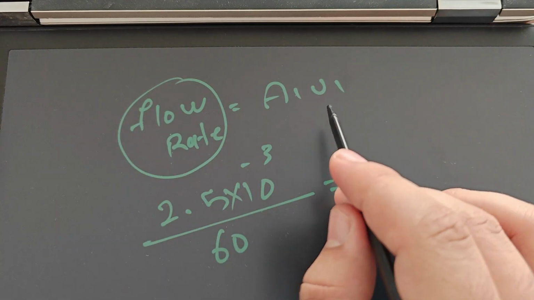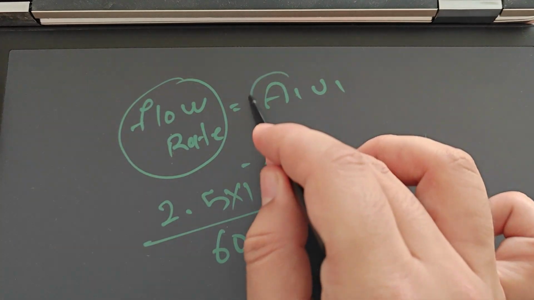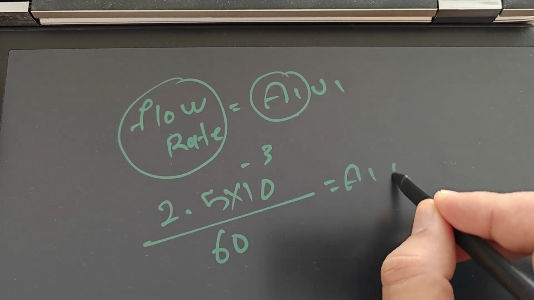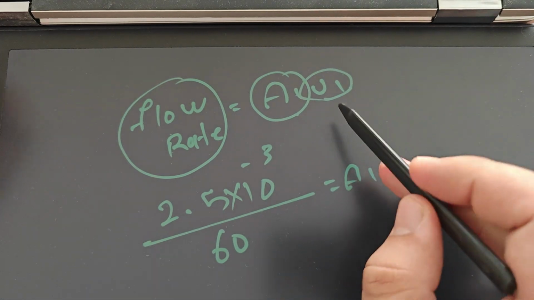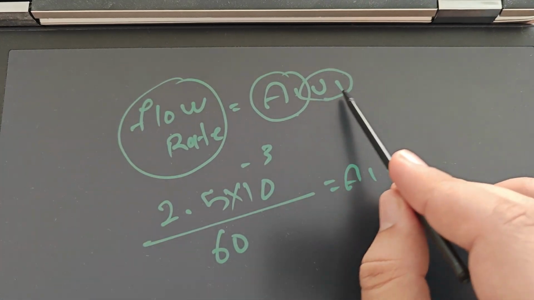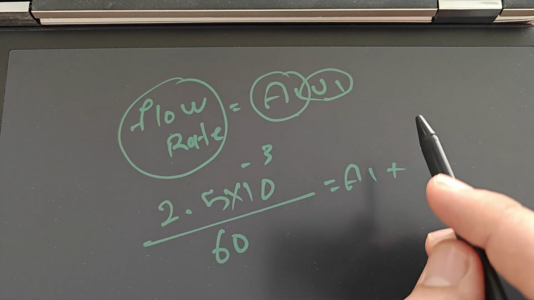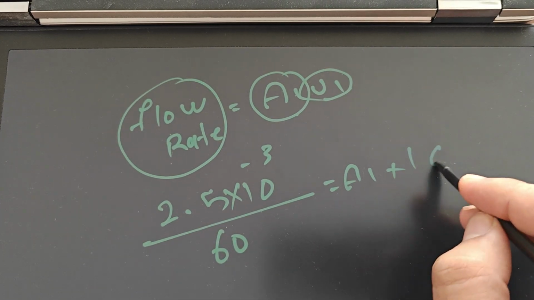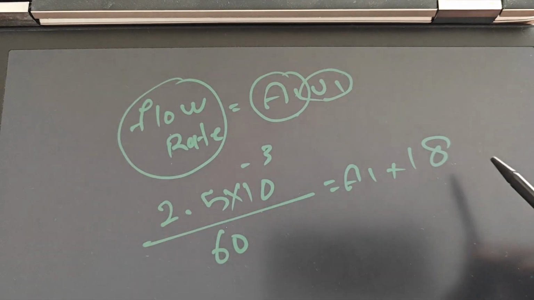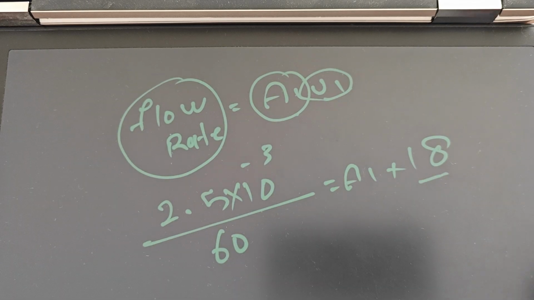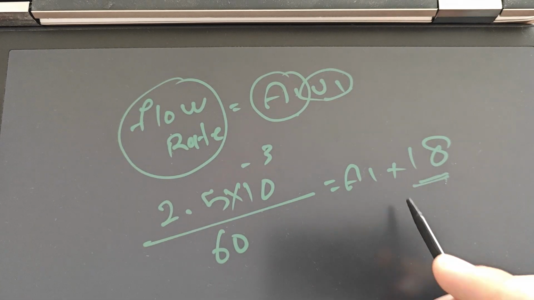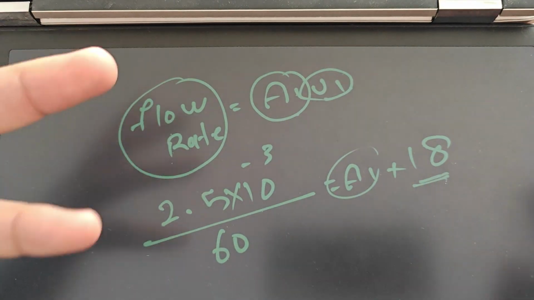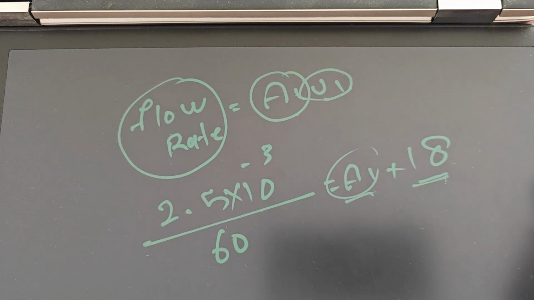So even though we are going to find area number 1, what about velocity number 1, or the speed number 1? The speed number 1 we found in part A, the answer was 18. So in here it is a mathematical equation only. Go to find the area.